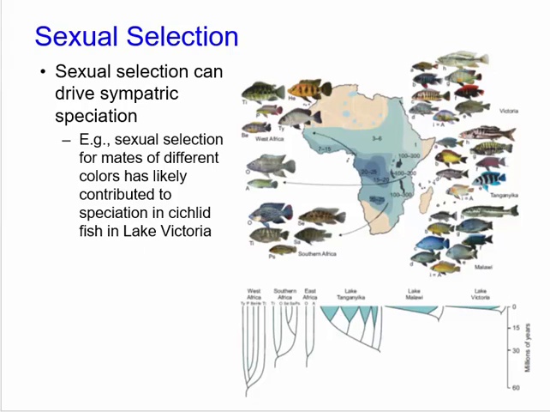That's the one we'll focus on. It's really interesting because you have a very recent radiation of these fish. If we look at these lakes, like Malawi and Lake Victoria, and these lineages over time, you have really shallow lineages, meaning there's a lot of recent divergence of these cichlid fishes, and it's primarily driven by sexual selection.